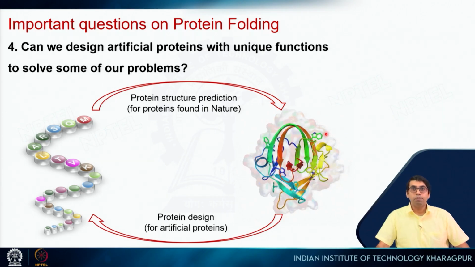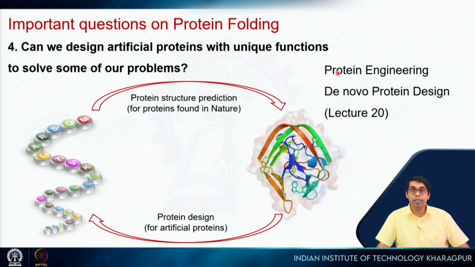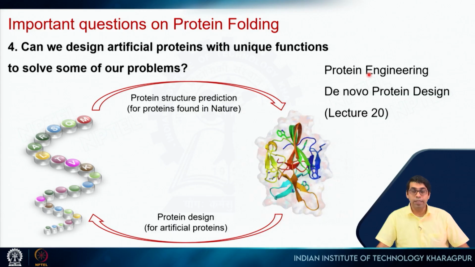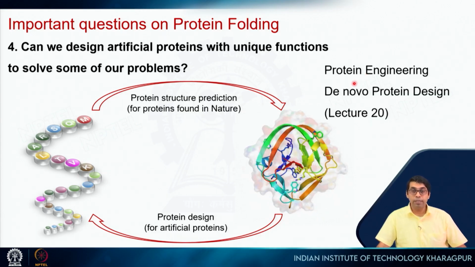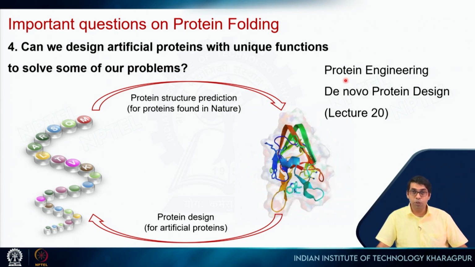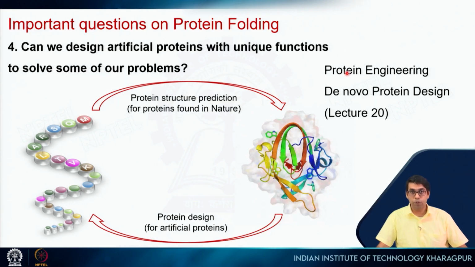So this protein design or artificial protein problem can be divided into two parts. The first one is called protein engineering, where we take a naturally occurring protein and we make changes to it so that instead of doing its natural function, it will do something else, something that we want it to do. So that is protein engineering.